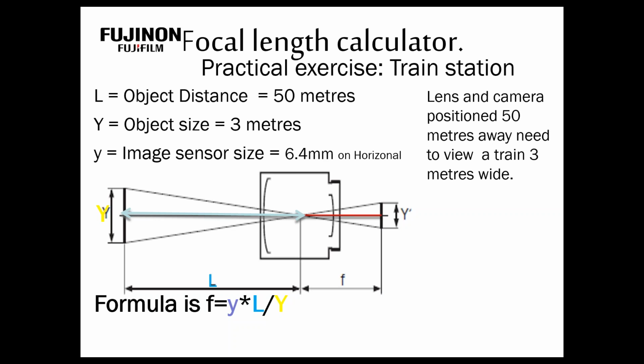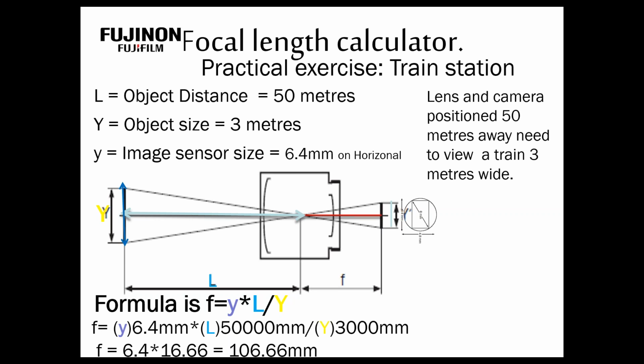And our little y is our image sensor, which on the horizontal is 6.4 millimeters wide. And we'll replace those values in our formula. We would come up with a focal length to capture that 3 meter wide image from that distance of 50 meters is 106.66 millimeters.